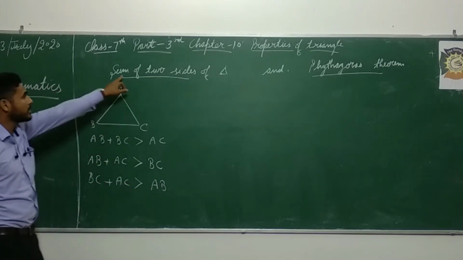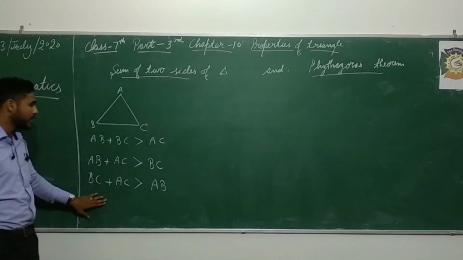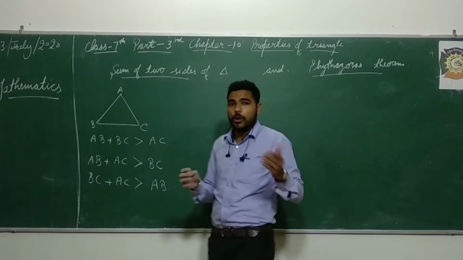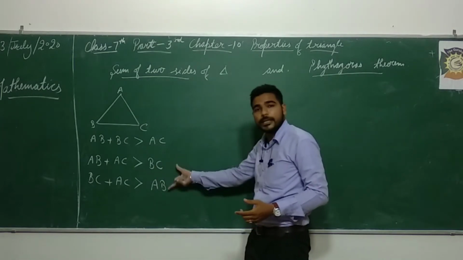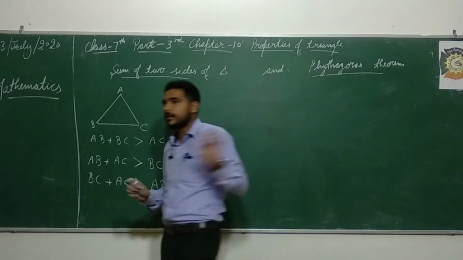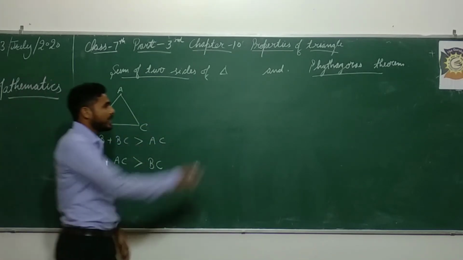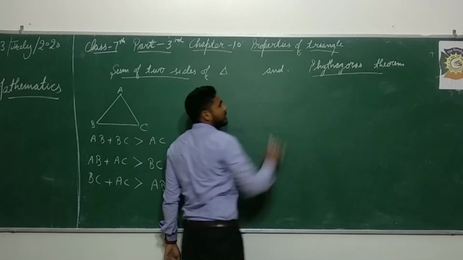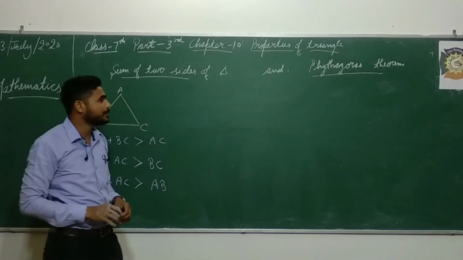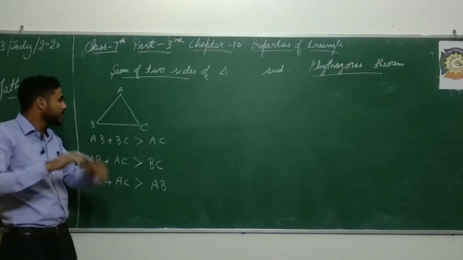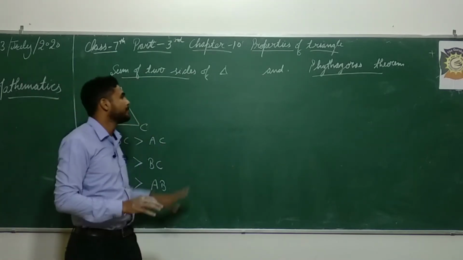It is the property of the sum of two sides of a triangle. A triangle is formed if these conditions are satisfied. Otherwise a triangle cannot be formed. From this property we can check whether a triangle can be made or not.